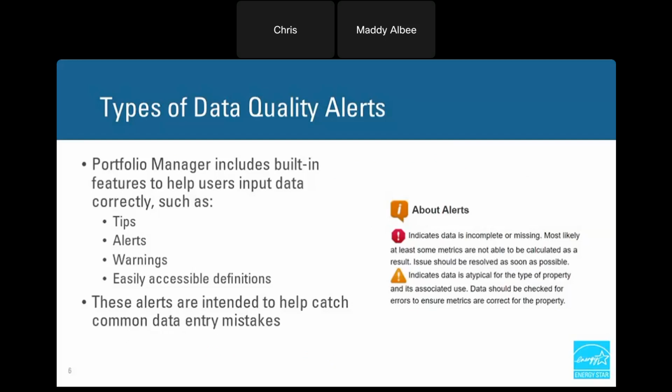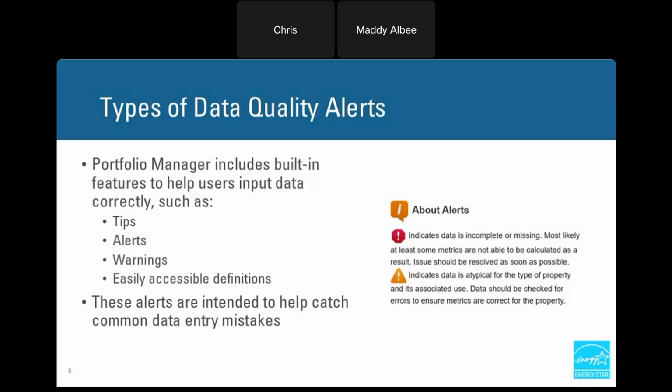And these are all intended to prevent common data entry mistakes that we see with our users. So the tips that you'll see, those are purely informational, just to help you with specific pages or features as you go through the tool.